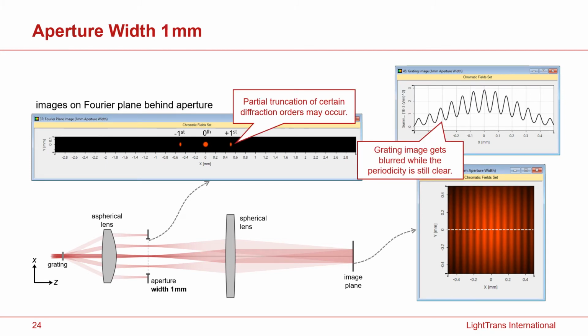If we go even further and I reduce the size of the aperture to just 1 mm, it also truncates the -first and +first orders. They are just partially truncated, so some of the plus and minus first order can still go through, and therefore, although it's a very blurred image, you still see the periodic change.